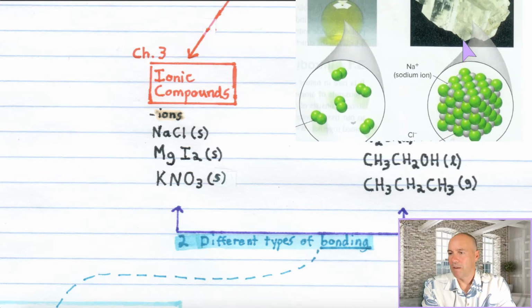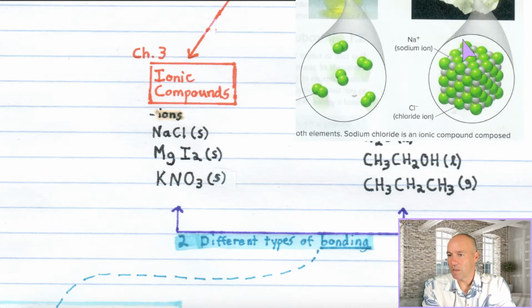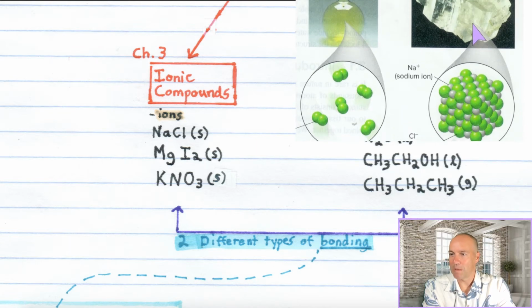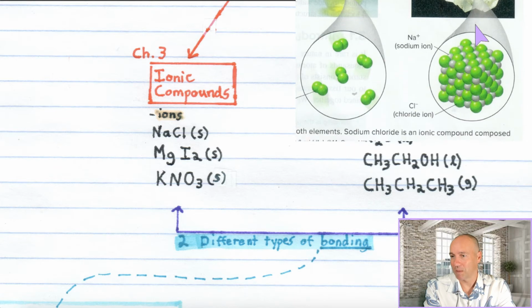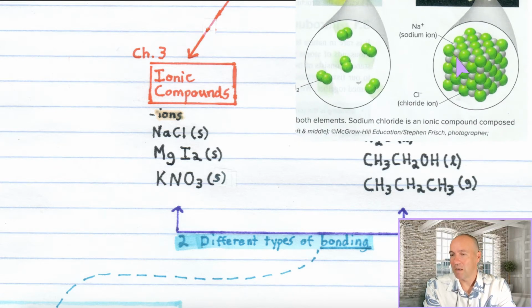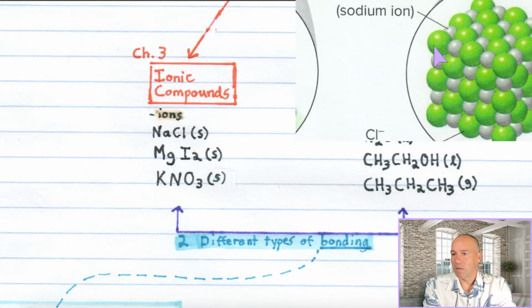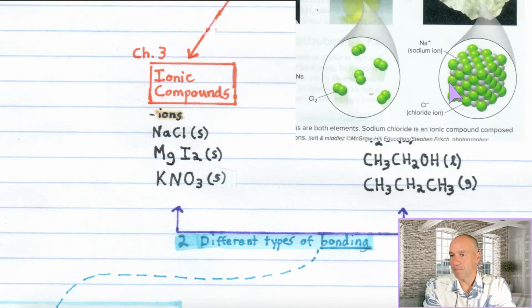The sodiums and chlorines are too small to see, but if you could see them, maybe with an atomic force microscope or electron microscopy, you could see that the sodium and chlorine particles have this nice arrangement. It's a very ordered structure.